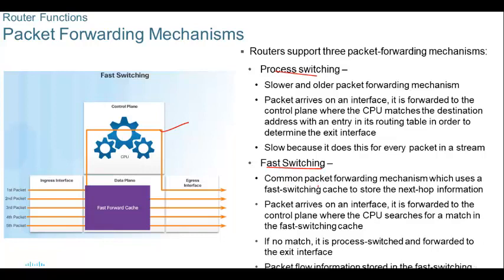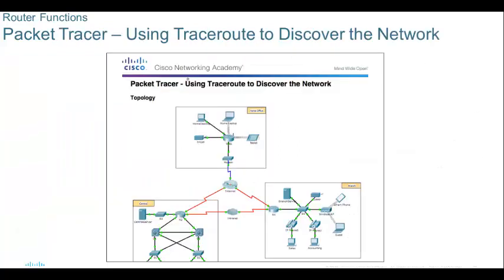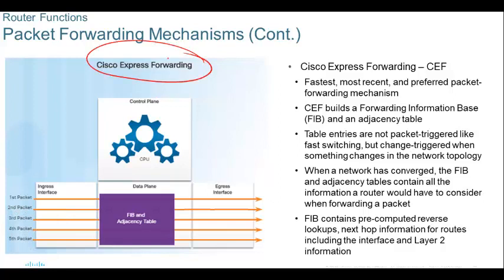Cisco came up with a new idea. We don't want fast switching. We don't want process switching. Let us go with Cisco Express Forwarding. What it actually does is, before the packet comes, all the routing table information in the control plane is downloaded to the layer 2 memory, the data plane itself.